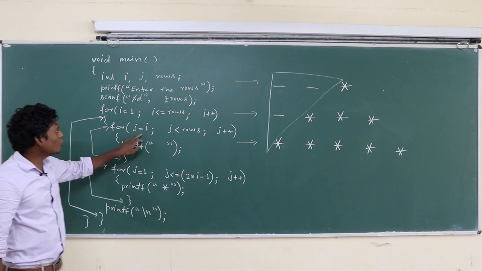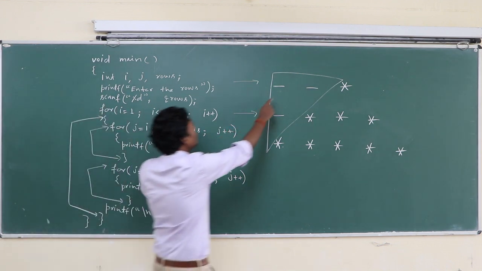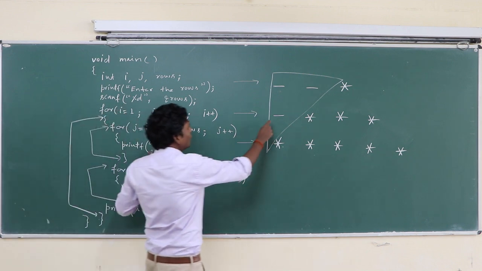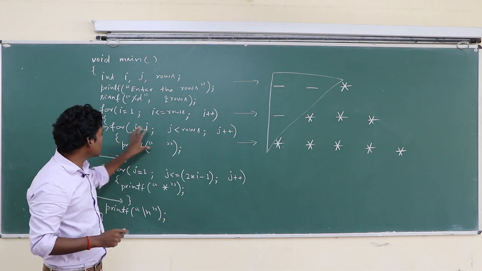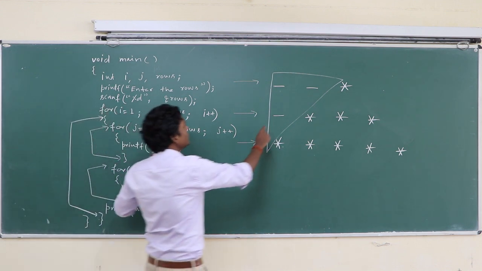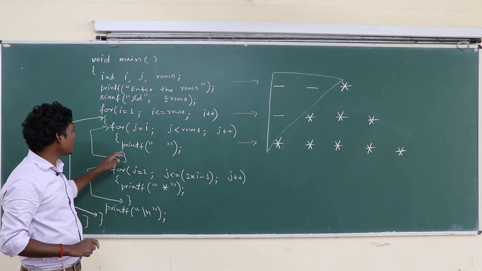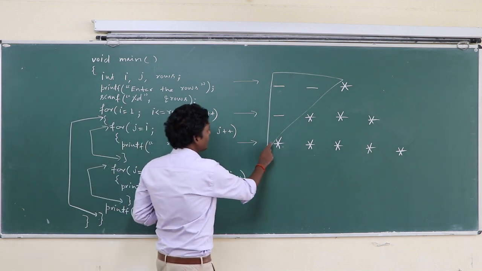The first time this loop travels 2 times, from 1 to 2, so there are 2 blank spaces. The second time this loop executes 1 time, so there is 1 blank space. The third time this loop executes none, so there is no blank space.